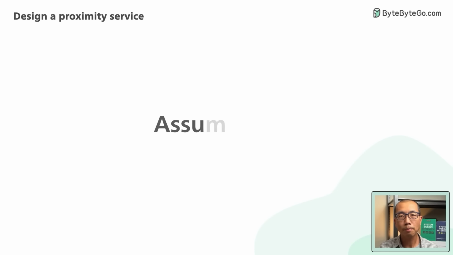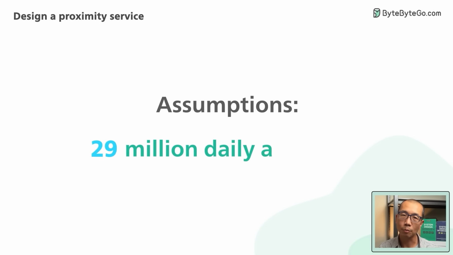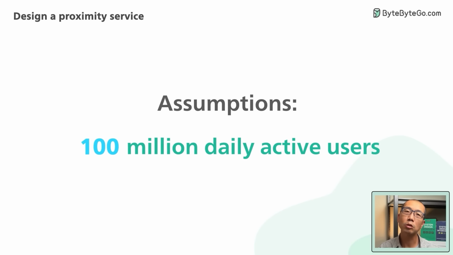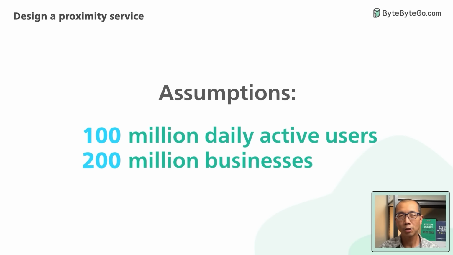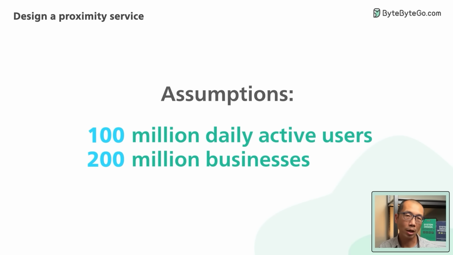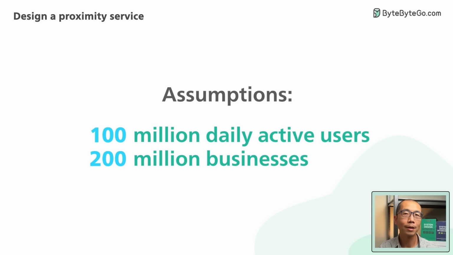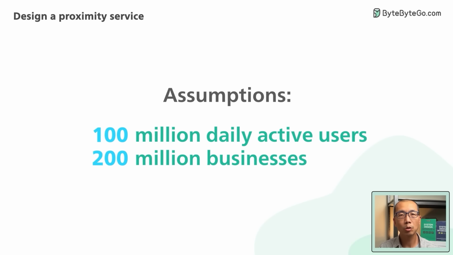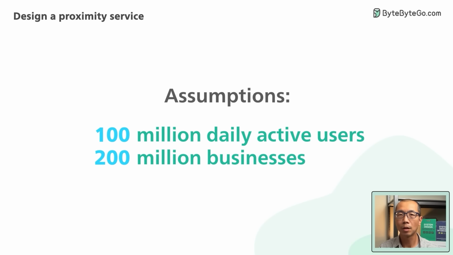Now, let's do some back-of-the-envelope calculations based on the design constraints of 100 million DAU and 200 million businesses. It should give us a rough idea about some of the design challenges and trade-offs down the road. We need to make one more assumption to do this math, though.